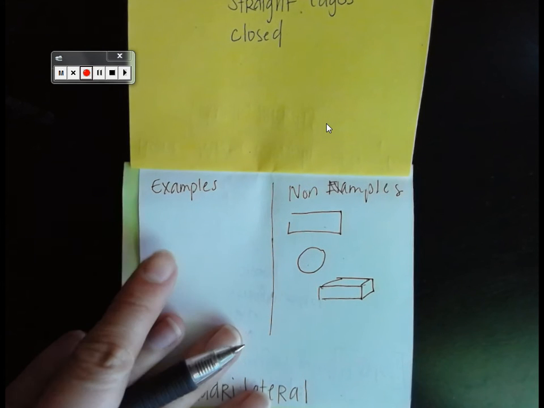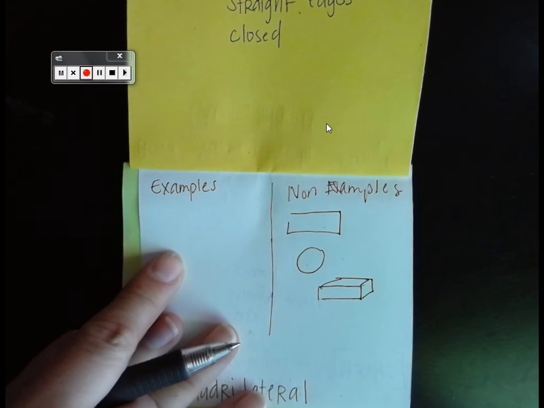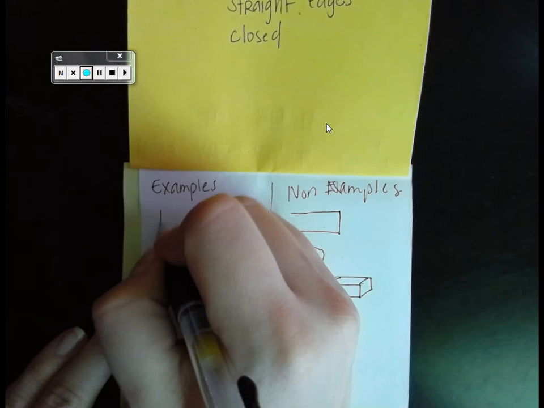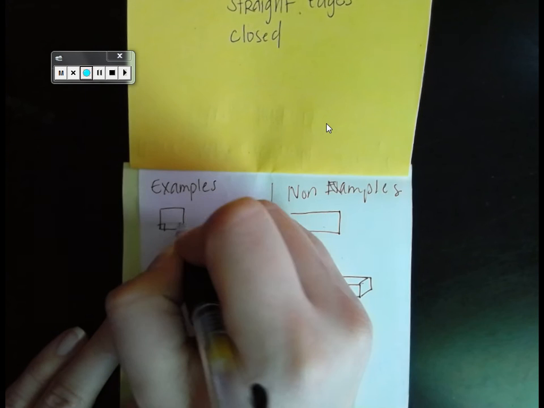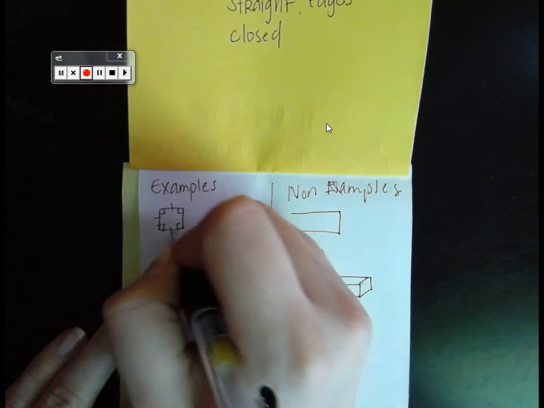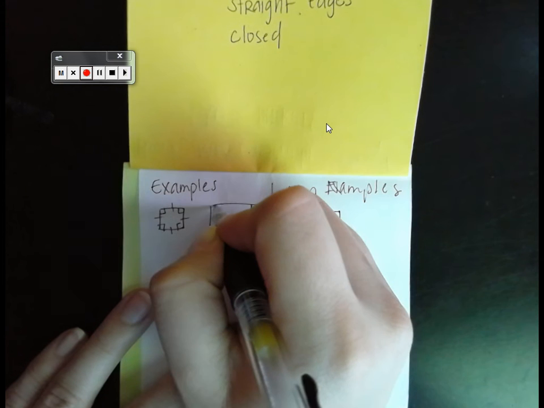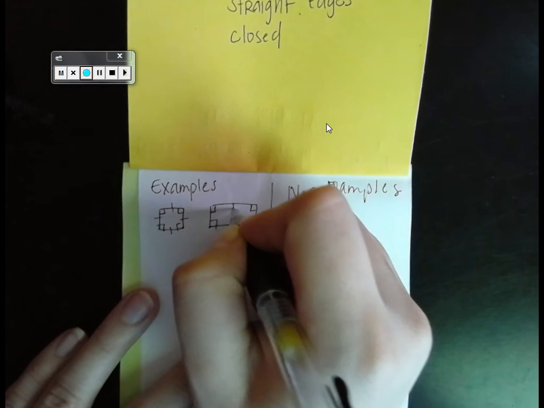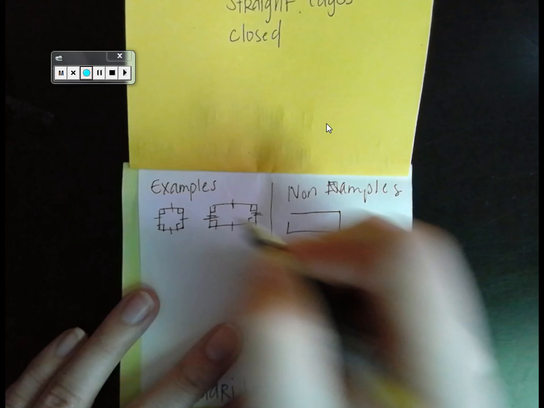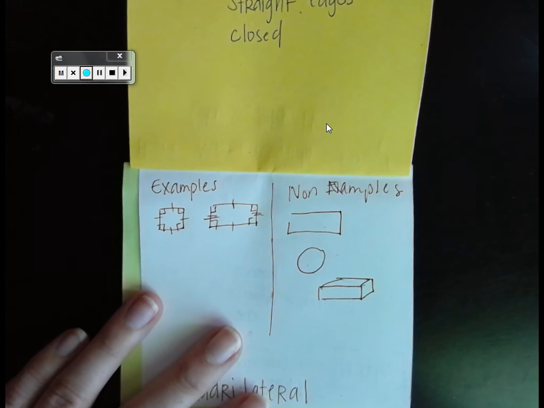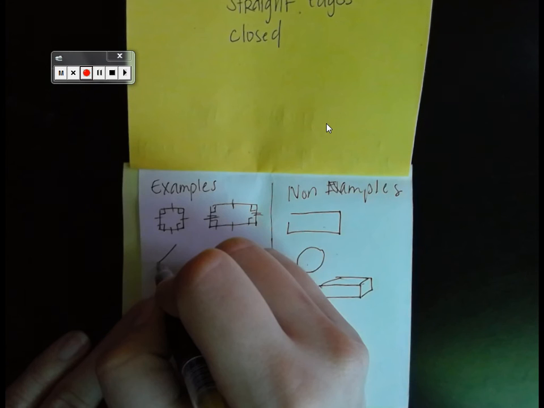Okay, give me an example of something we've done here. Straight, closed, and 2D. So you need an example. Square. Okay, I'll take a square. Rectangle. What's something we've been doing for the past few weeks? Triangle. Yeah, triangles. A triangle doesn't have 4 sides. Does a polygon have to have 4 sides?